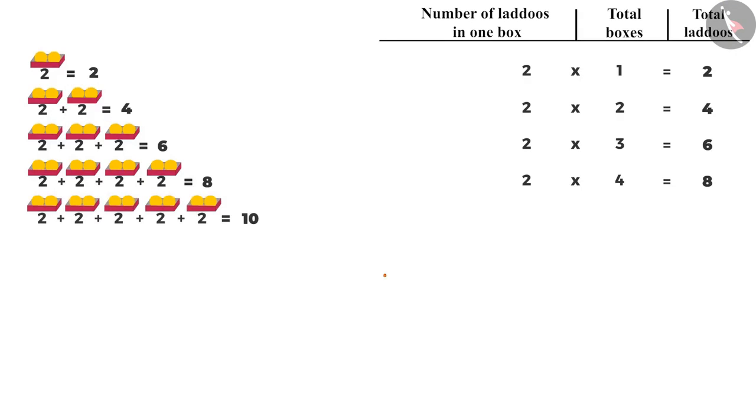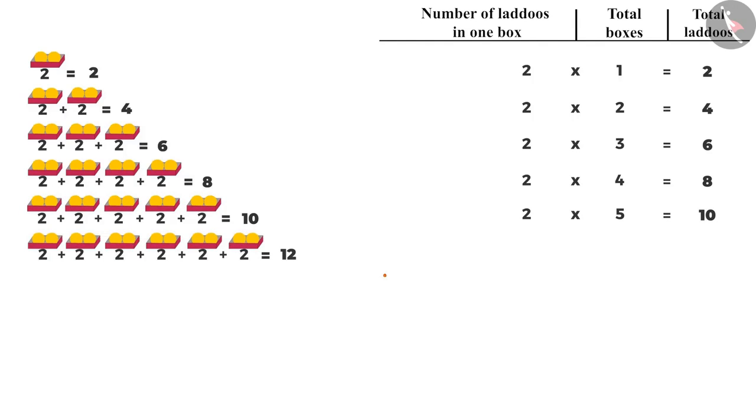Then to find the laddus in 5 boxes, we will multiply 2 by 5. Here the number of laddus is 2 and the number of boxes is 5. Then we can find that there will be 10 laddus in 5 boxes. Number of laddus in 6 boxes will be 2 multiplied by 6, that is 12.